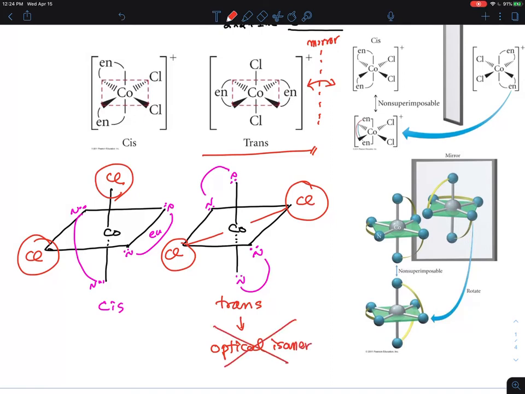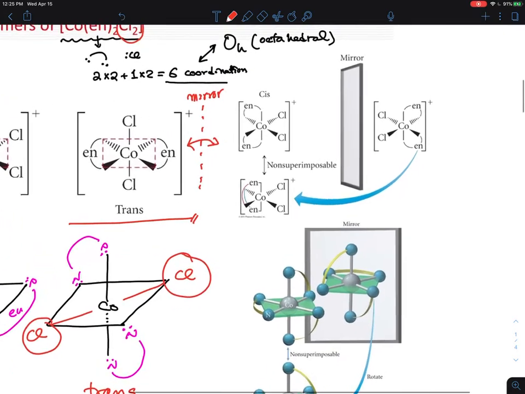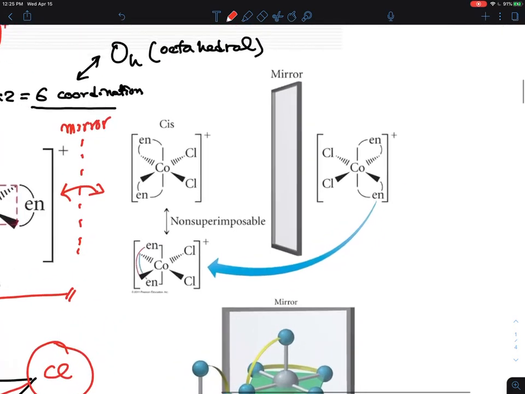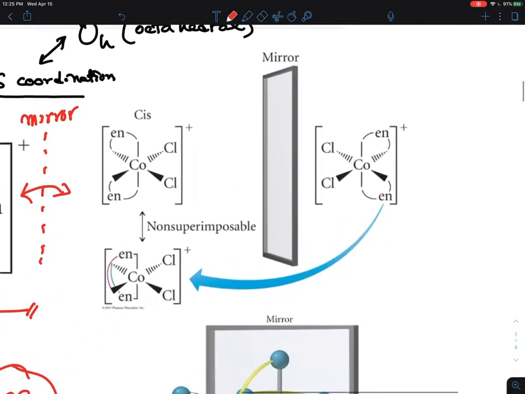Okay, but if you go to your class slide, and this is your class slide that I found, this is a case of an octahedral compound, cobalt, with 2 en and 2 dichloro ligands. This is a cis complex. You're putting a mirror here, and this is a mirror image.